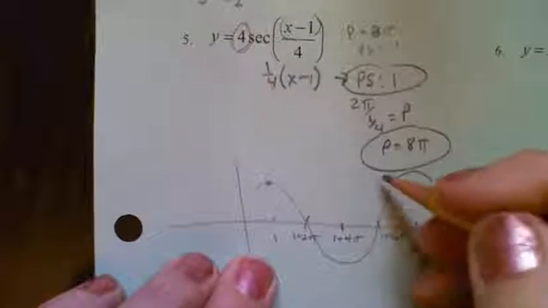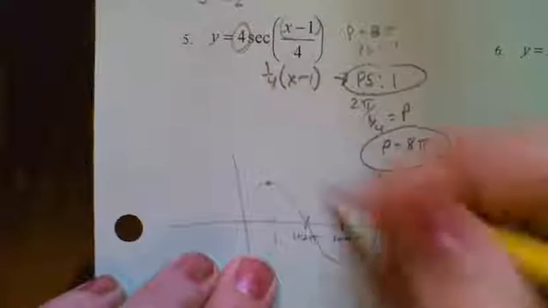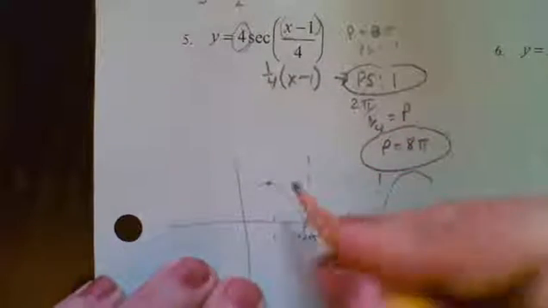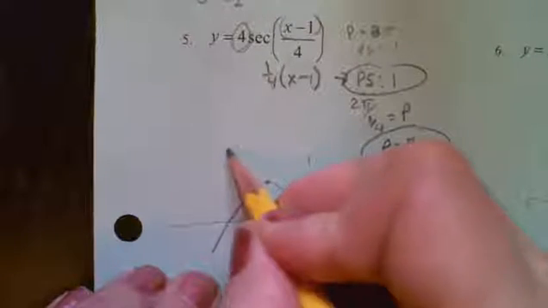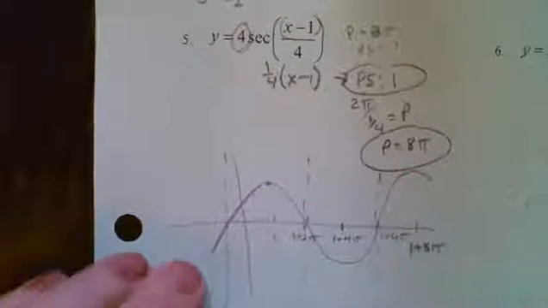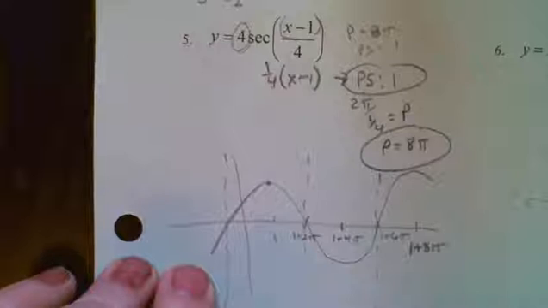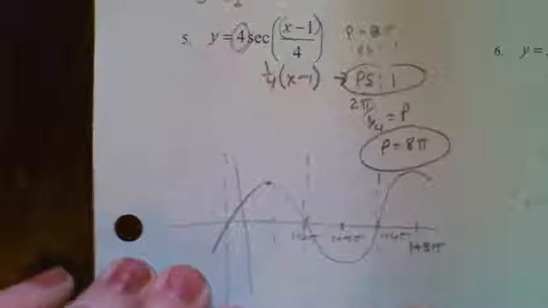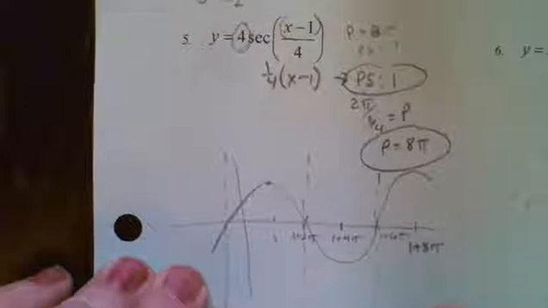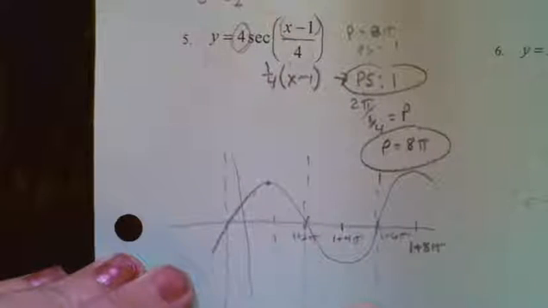So to graph the secant, anywhere where you see an intercept, you're going to draw in an asymptote. So the asymptotes are at 1 plus 6 pi, 1 plus 2 pi, 1 minus 2 pi.